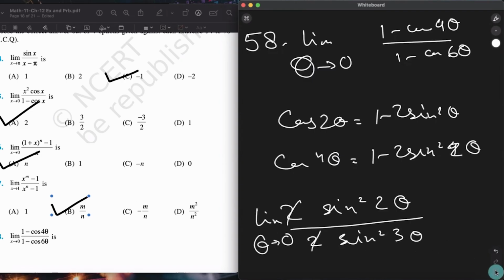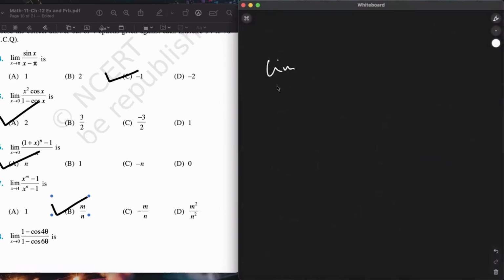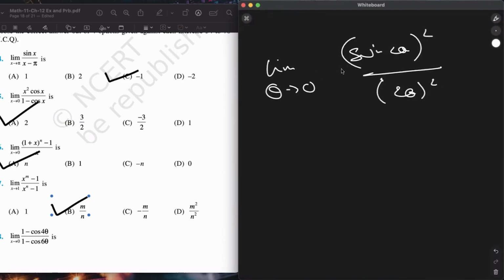The 2 by 2 will get cancelled out. So for theta tending to 0, I have sine 2 theta whole square, and I just put 2 theta whole square over here.